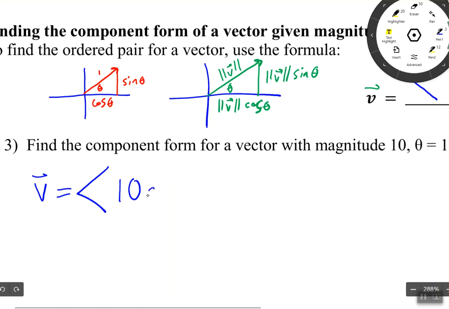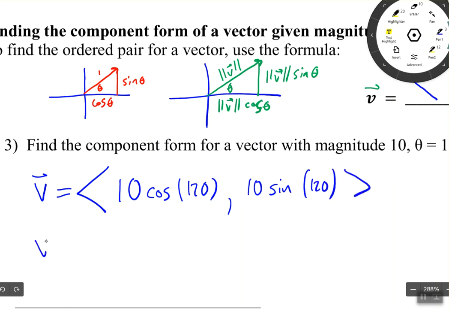Cosine. So it's cosine of the 120 degrees. Is that going to get the sign correct on the coordinate? Do you understand what I'm saying? By putting the 120 degrees, is it going to put it in the second quadrant where it belongs? It is. And then 10 sine of 120 degrees.